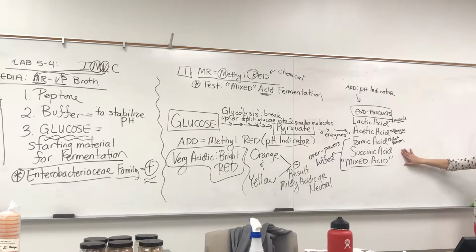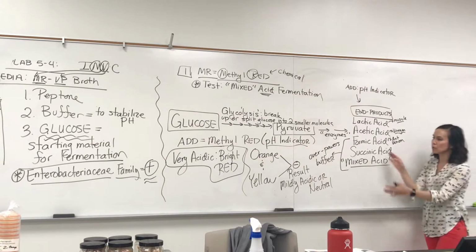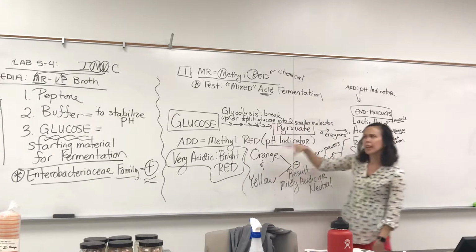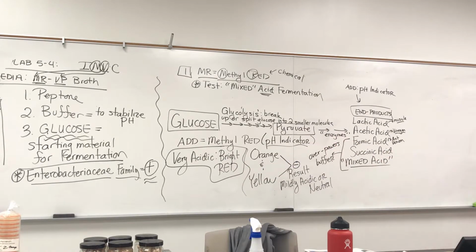The end products that we're going to look for here are going to be so acidic that the buffer won't matter, so you'll be able to see this come through with the red. But if your organism does another pathway with the glucose, we won't get red. So we don't get any false positives there.